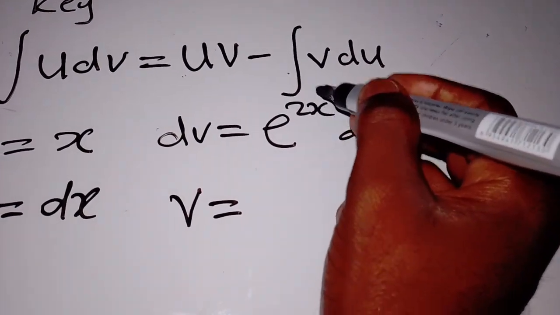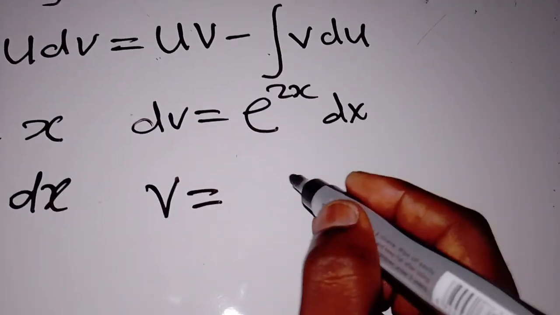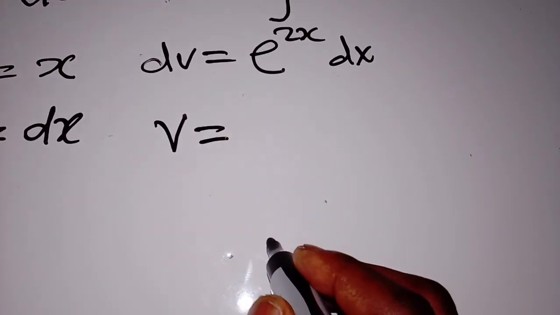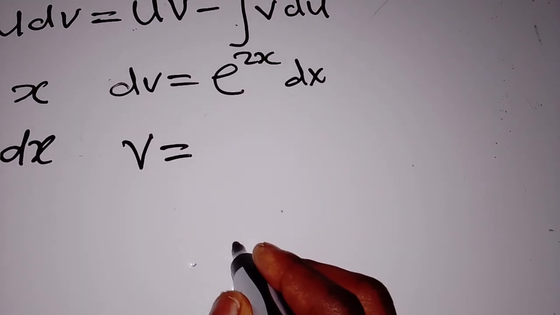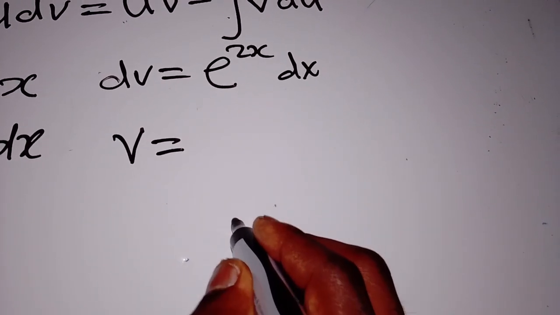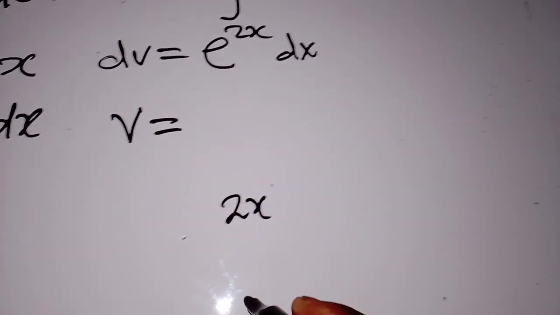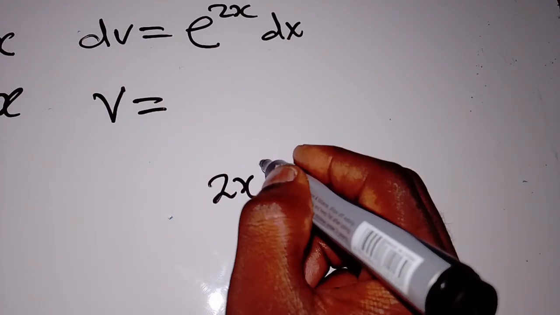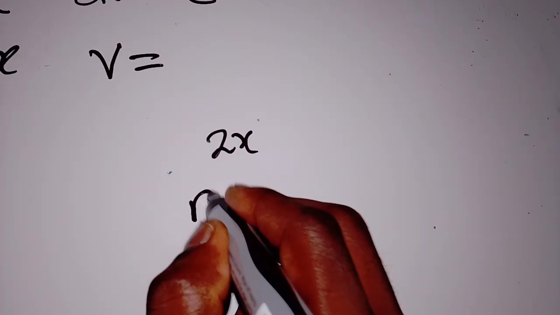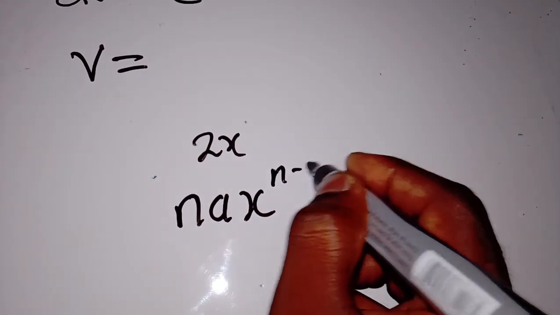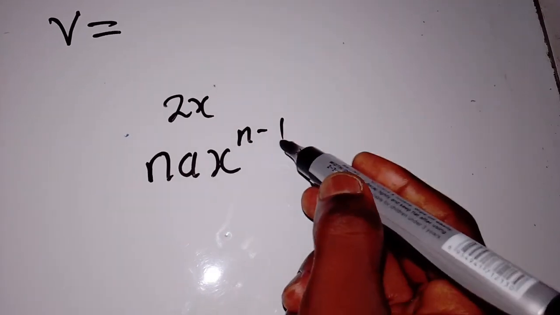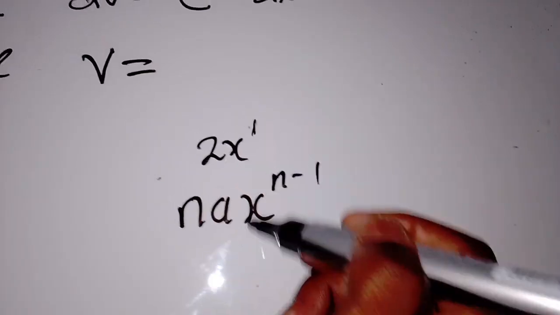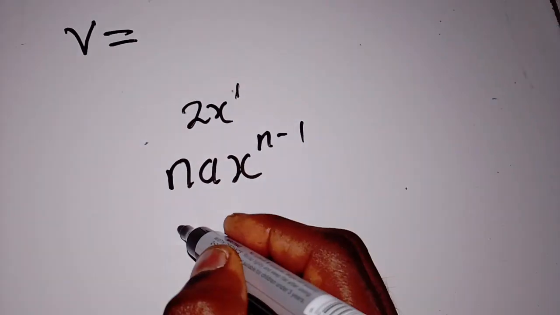For example, if you differentiate 2x, the answer will be what? The method is n a x to the power n minus 1, right? Now the n is a power. In our case, our power is what? 1, right?